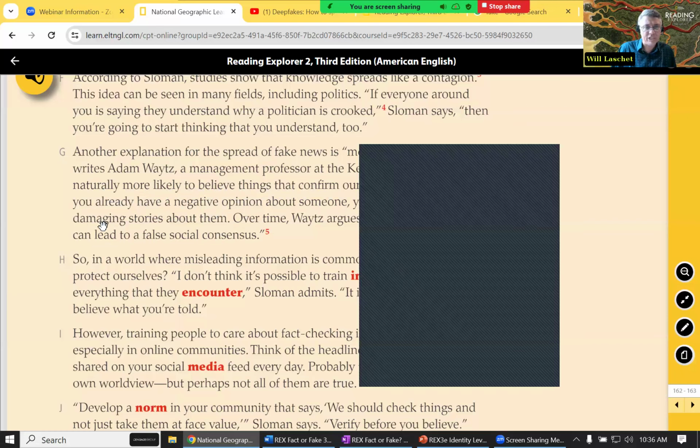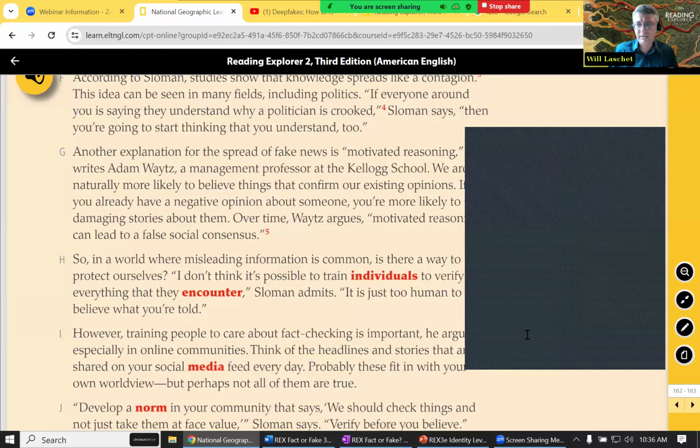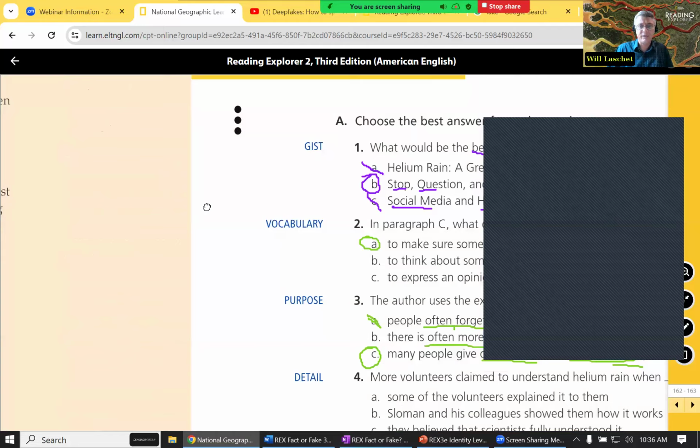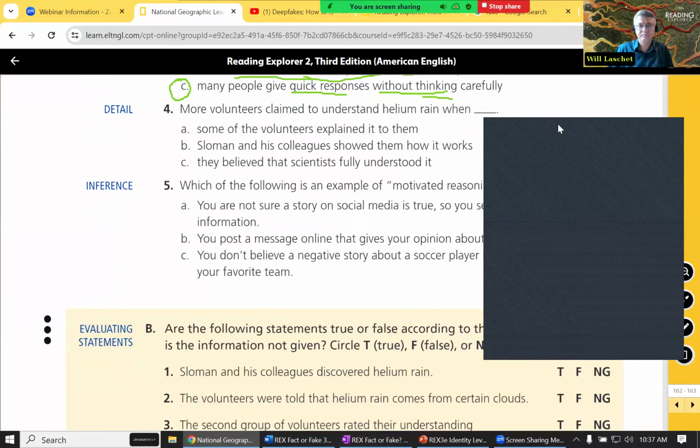Now, this word damaging, is that a positive word or a negative word? If we damage something, it's negative, right? So in the example here, you have a negative opinion, you will trust a negative story. So negative, negative. You believe it's negative, you will believe something else negative, right? Okay, now let's have a look at the examples here. Is there something similar to that example here?